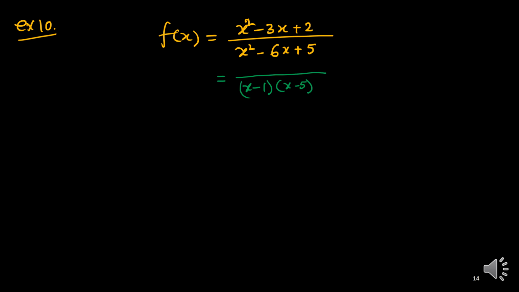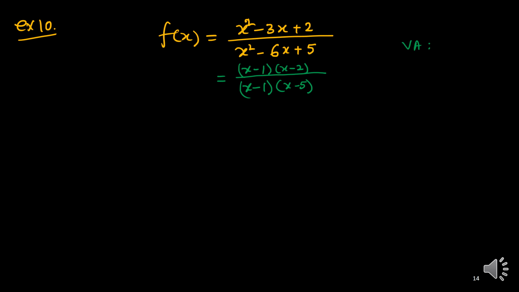So what are the vertical asymptotes? Is it at x equal to 1 and 5? We will check that a little later. Now what are the factors for the numerator? x minus 1, x minus 2. Is it correct?